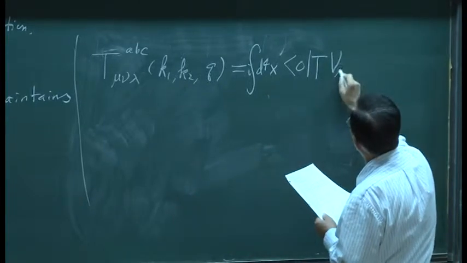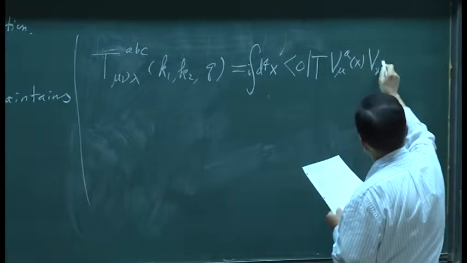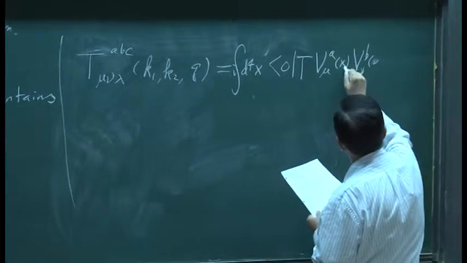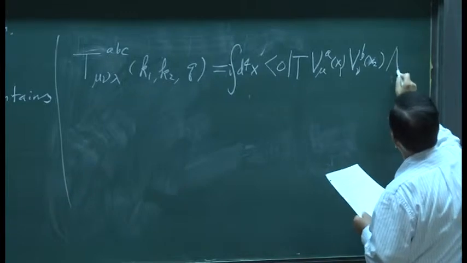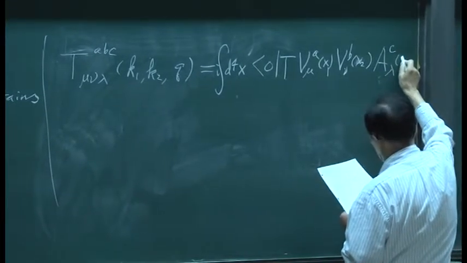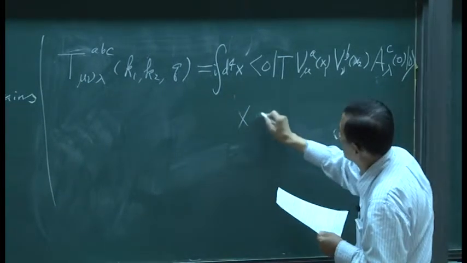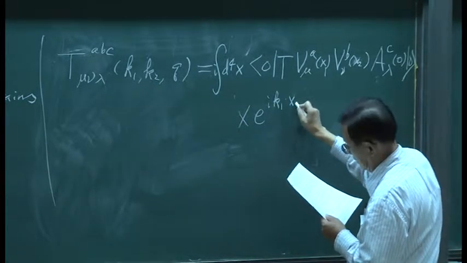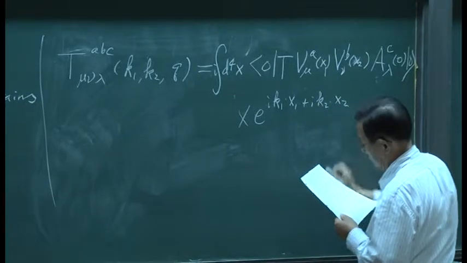You have V mu a at x, V nu b at y, or x2, and then A lambda c at 0. And then comes the exponential e to the i k1 x1 plus i k2 x2.